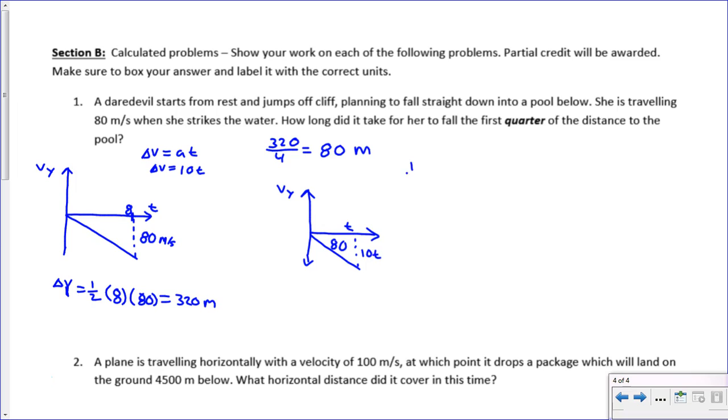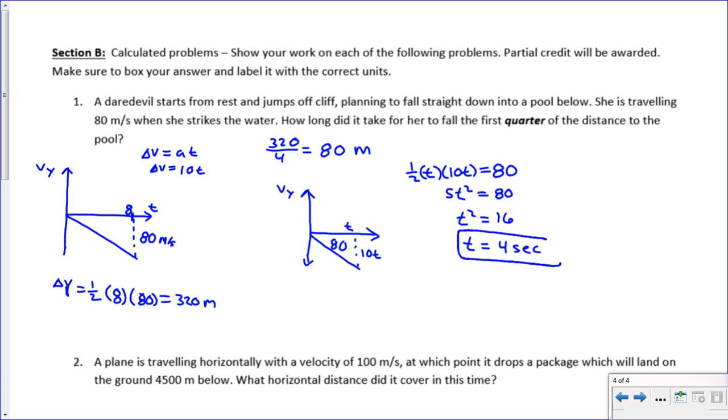So then I know 1/2 times t times 10t equals 80. That simplifies to 5t squared equals 80, and then we get t squared equals 16. And then t has to be positive, so t equals 4 seconds. All right, so it takes this person 4 seconds to reach 1/4 of the total distance.